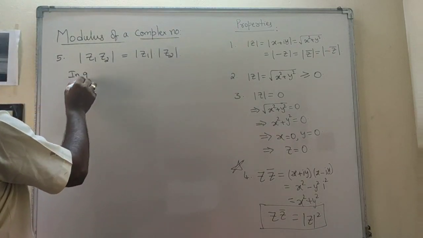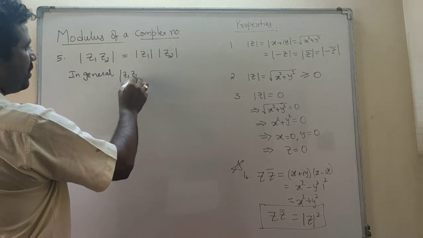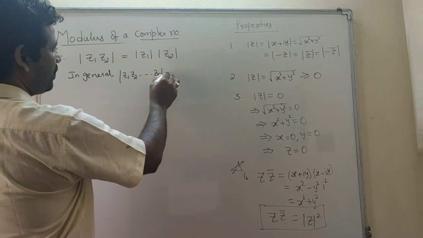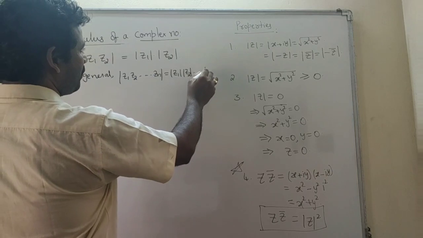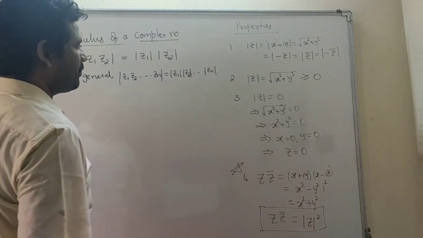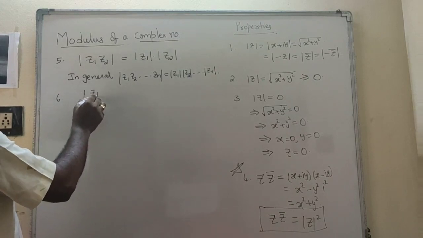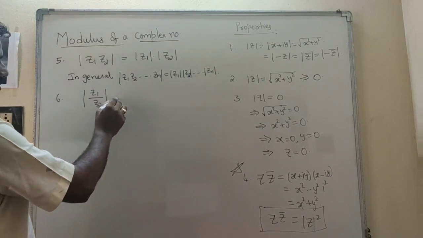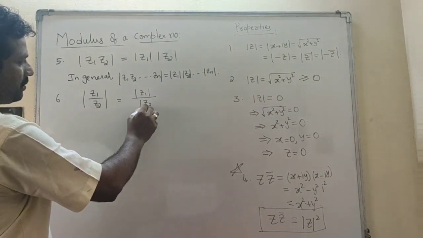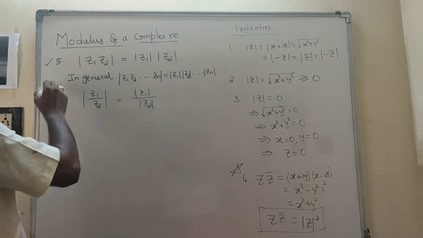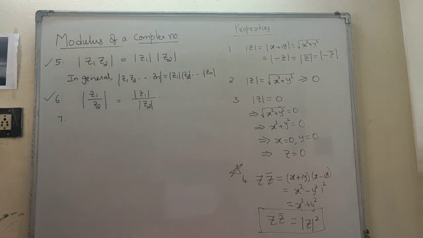In general, mod of z1 z2 and so on up to zn is equal to mod z1, mod z2 and so on up to mod zn. Next, mod of z1 by z2 we can write as mod z1 by mod z2. These are very useful in problems.